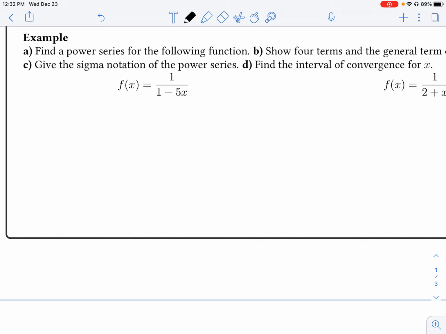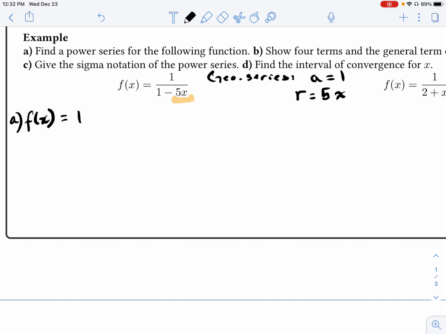So for this geometric series, our first term, a, is equal to 1, and our common ratio, r, is equal to 5x. So we're going to express this function as a power series. We're going to say f of x, this basic rational function that we've seen many times, can be represented by the following power series.